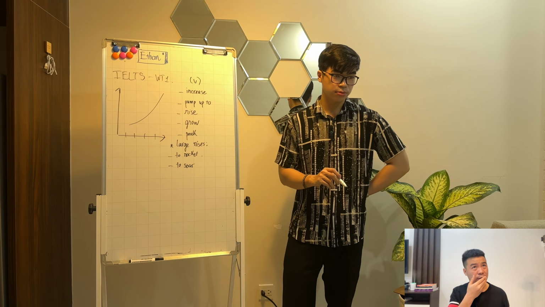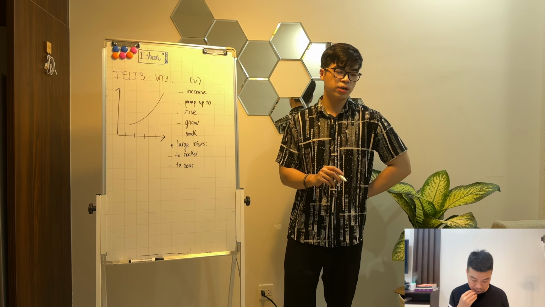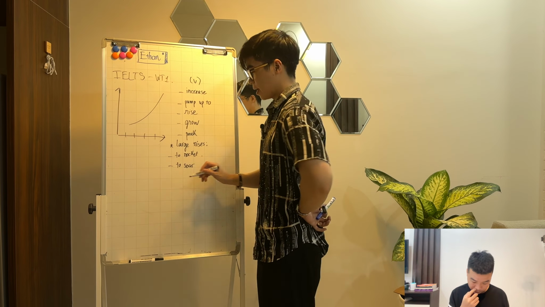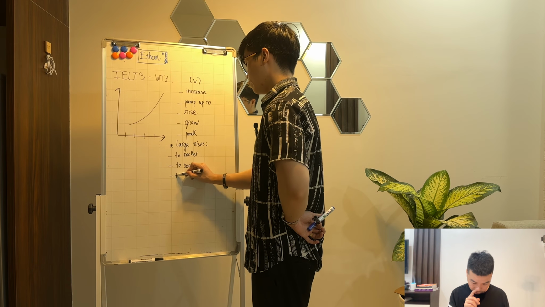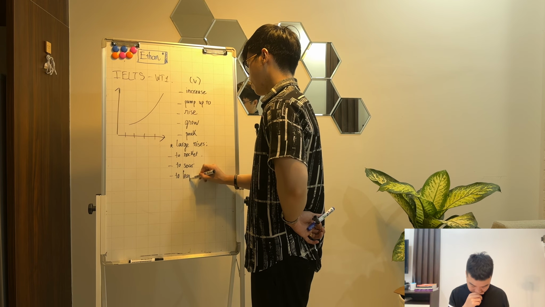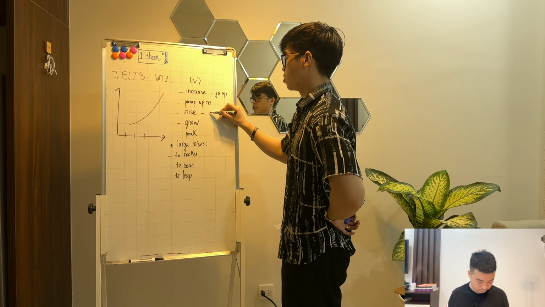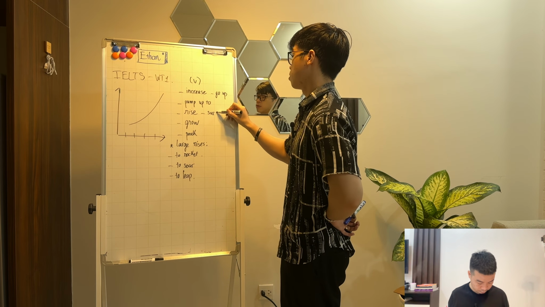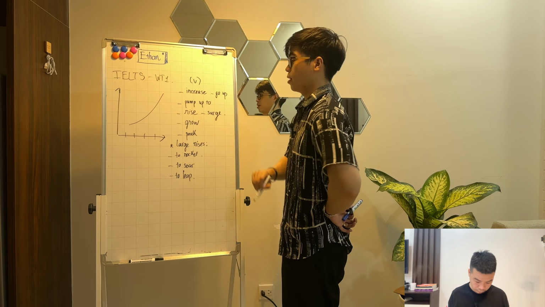Còn upward là xu hướng tăng. Xu hướng, đúng rồi, upward là xu hướng. Hoặc là nhảy phóc lên, to leap. Leap. Go up. Go up thì trên này. Go up. Cái từ này cũng hay là to surge. Và anh nhớ cái leap này nếu mà chia verb 2 của nó là gì?